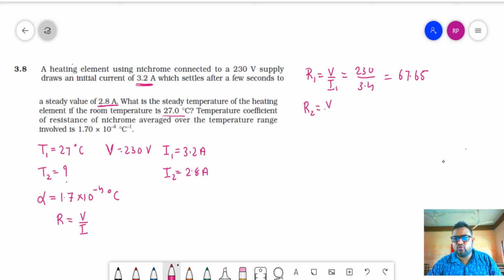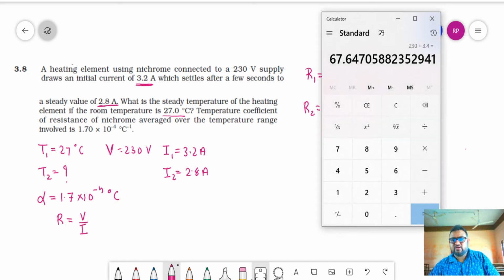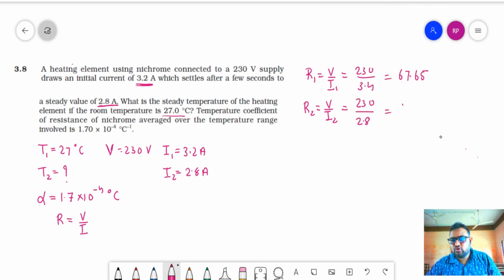R2 is equal to V by I2. So that is again 230 volt, and what is I2? 2.8. So 230 divided by 2.8. So that is equal to 82.142. So round figure 82.14. Now you need to find out the temperature. Sorry, the temperature coefficient is already given.